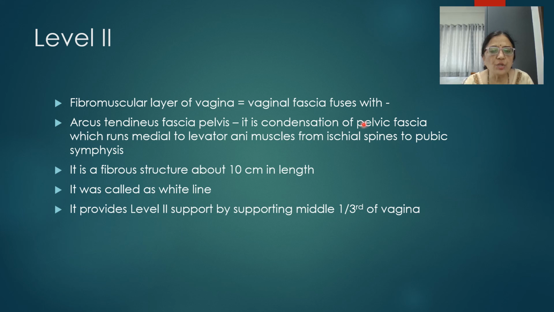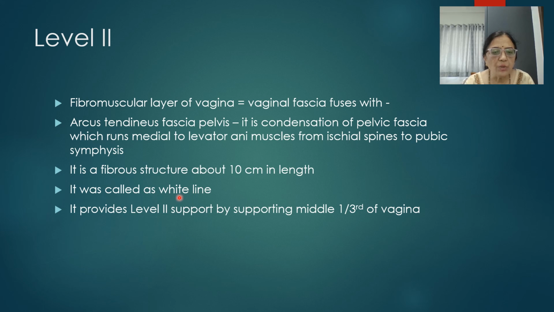And condensation of this endopelvic fascia leads to the development of the arcus tendineus fascia pelvis, which is attached to the ischial spines on one hand and just lateral to the pubic symphysis on the other hand. It is attached not to the pubic symphysis but just lateral to it. It is a fibrous structure about 10 centimeters in length.